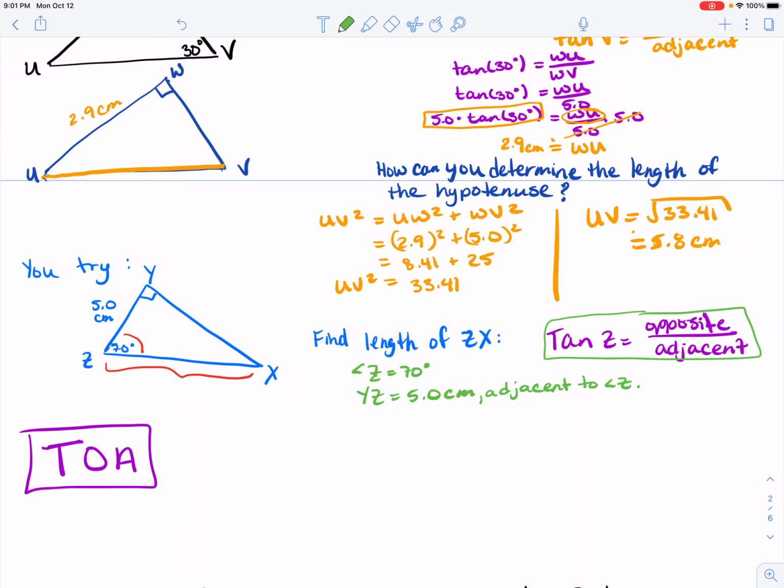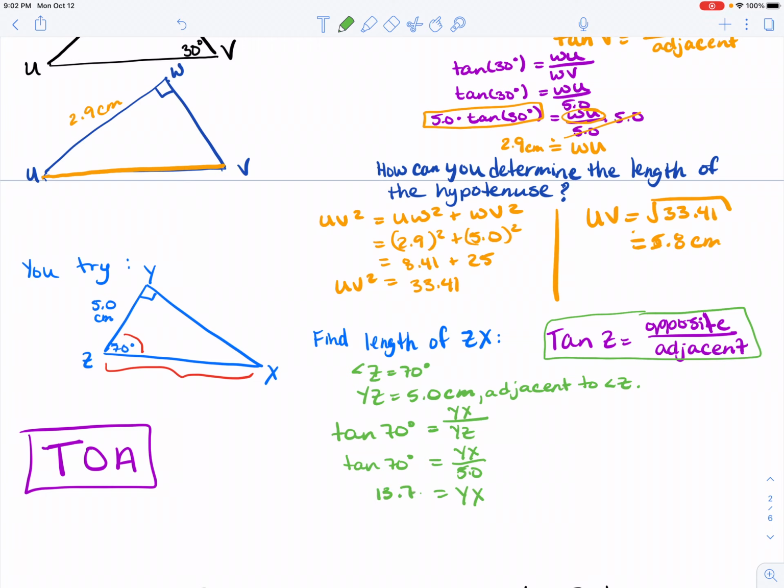So YX is my opposite, so I know that tan of 70 degrees equals YX over my adjacent, which is YZ. So if I put my numbers in, that means tan 70 degrees equals YX over 5.